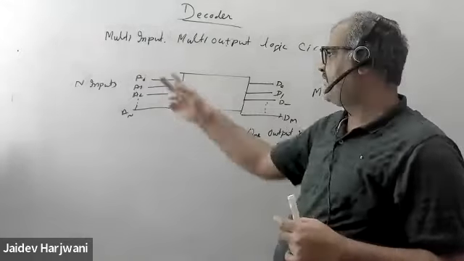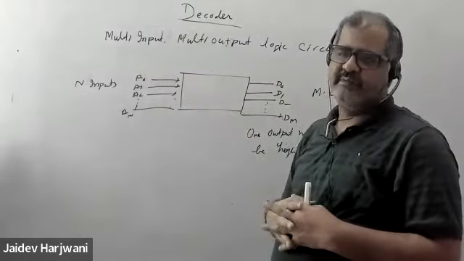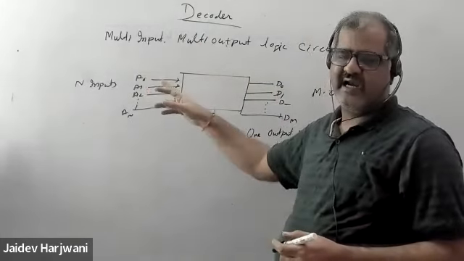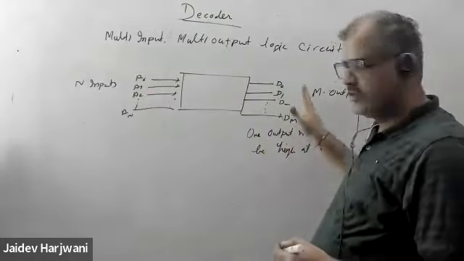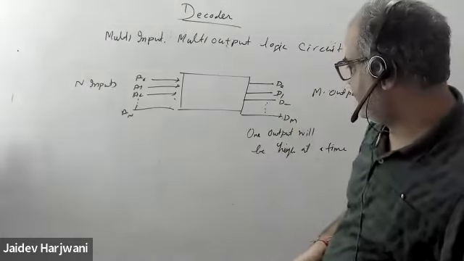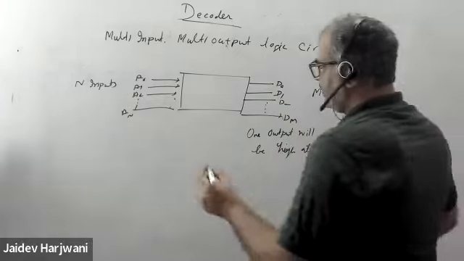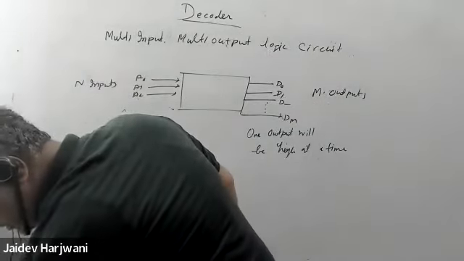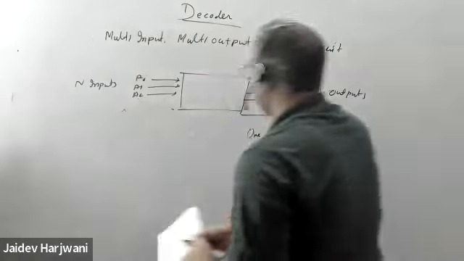If it's a three-input, then there will be a total of 8 codes, and the decoder will identify which one is the code, in whichever format you want to decode. So for example, I'm giving you now a 3 to 8 decoder.